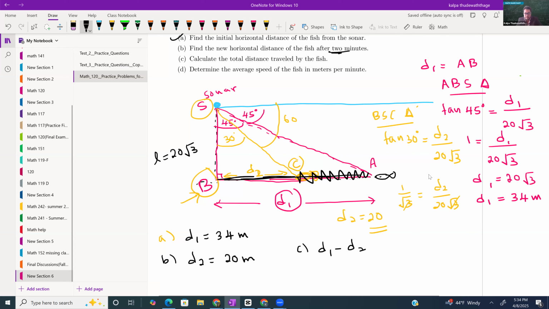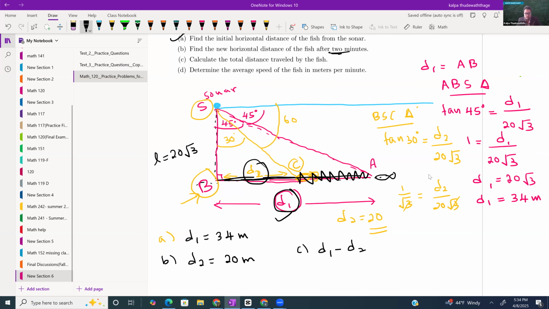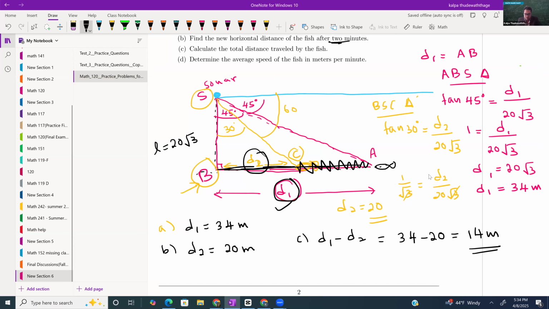This length you can get by subtracting D2 from D1. So it's 34 minus 20. It traveled 14 meters within 2 minutes. So the speed of the fish in meters per minute: 14 meters traveled in 2 minutes, so the speed of the fish is 7 meters per minute.